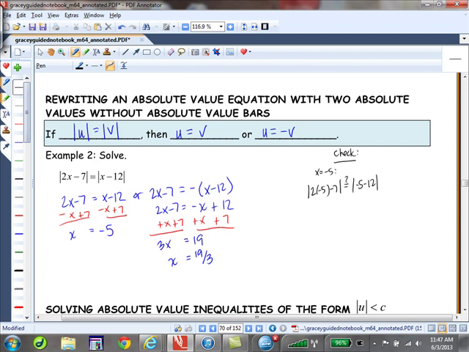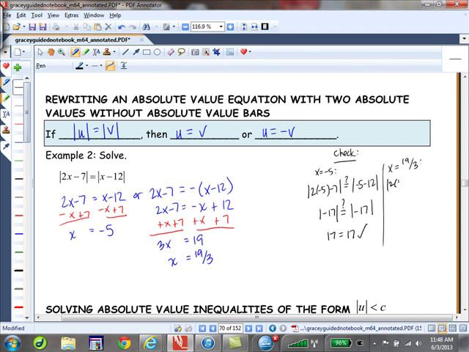So simplifying inside the parentheses, 2 times -5 is -10, minus 7 is -17. So we get absolute -17. Is that equal to absolute -17? Well, 17 equals 17, so that checks out. Now for x equal to 19/3, that'll be a little bit more computation. Remember, you can use your calculator for the check.